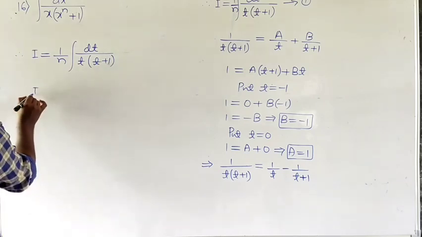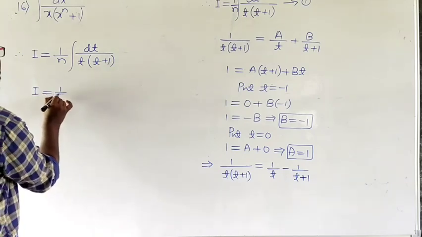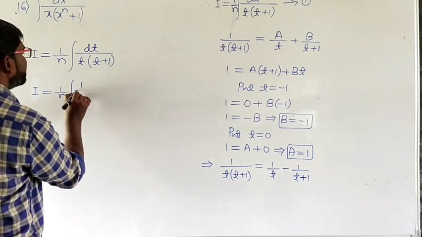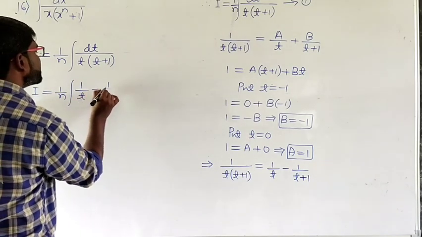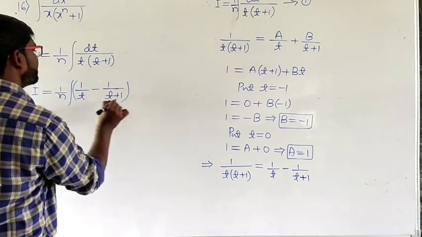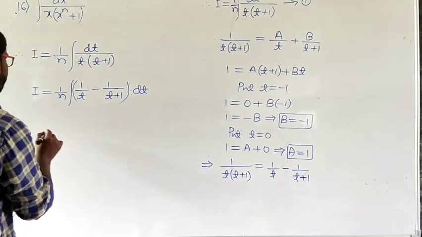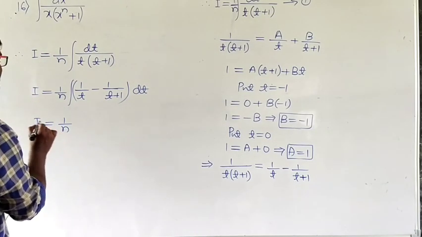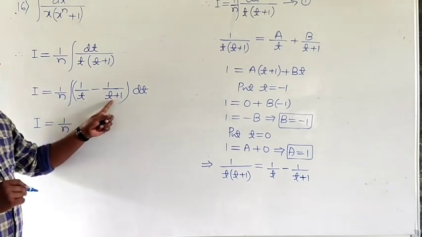So now continue with the next one. I which is equals to 1 by n integral 1 by t minus 1 by t plus 1 into dt. So I which is equals to 1 by n, I write it as it is, then integrate these two now.